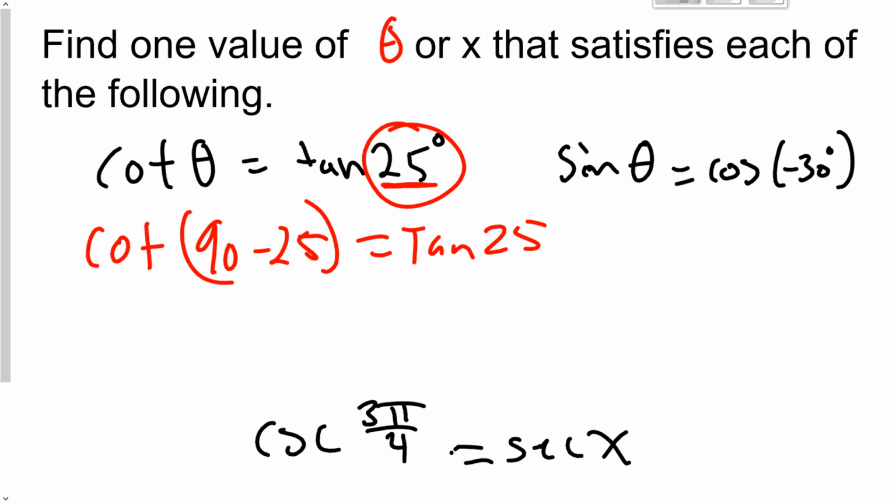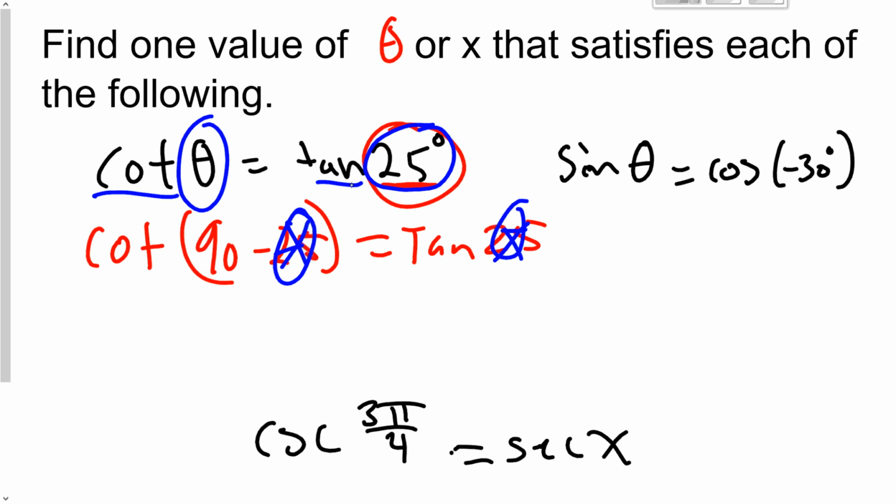Because here's the formula. In our formula, this was theta and theta, even though we're answering for theta, so if you want, instead of a theta here, you could use an x, whatever. So basically, you're just asking yourself, since cotangent and tangent are cofunctions, 25 plus what equals 90?